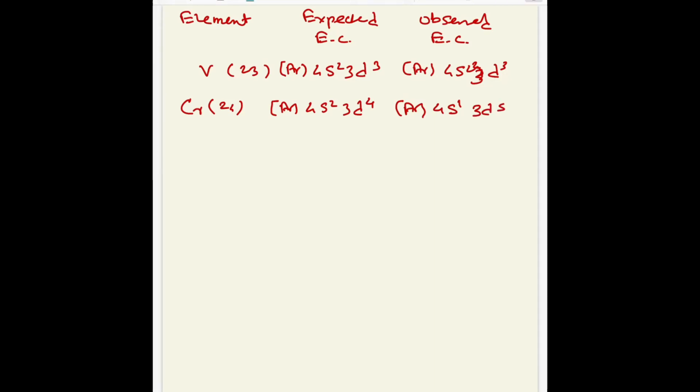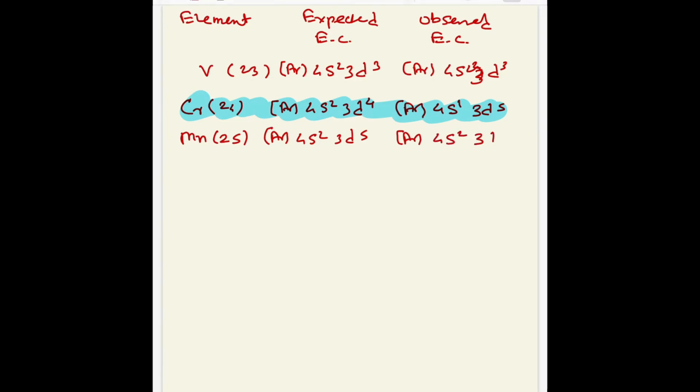So this configuration is an anomalous electronic configuration. It is very important. The next element is manganese. Its atomic number is 25 and its electronic configuration is argon 4s2 3d5.